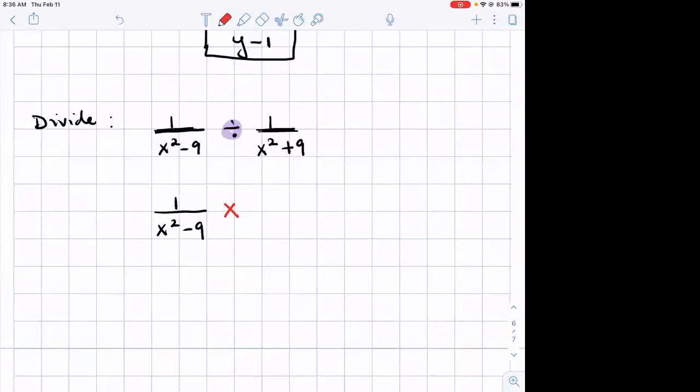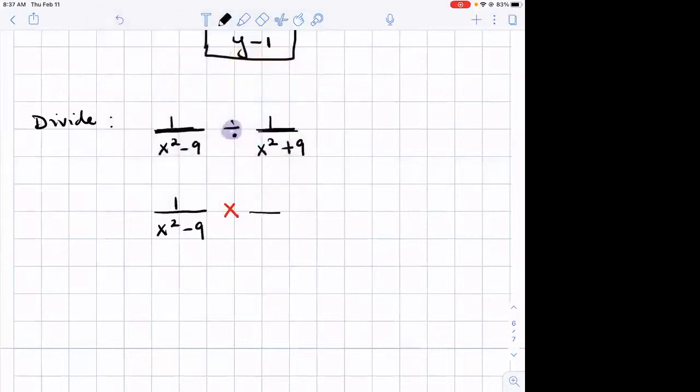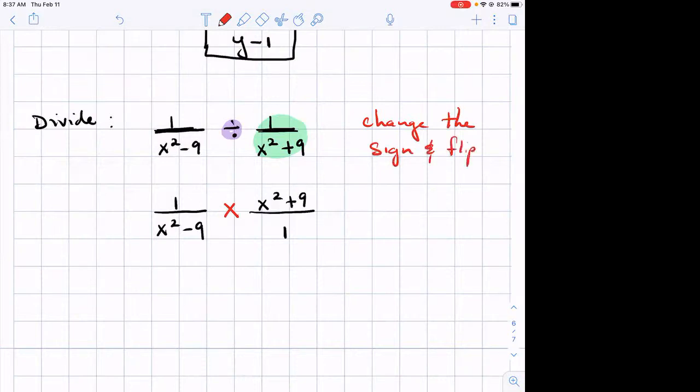But when you do that, don't forget that you have to flip the fraction to the right of the sign. So this fraction here has to be flipped. Change the sign and flip the fraction.